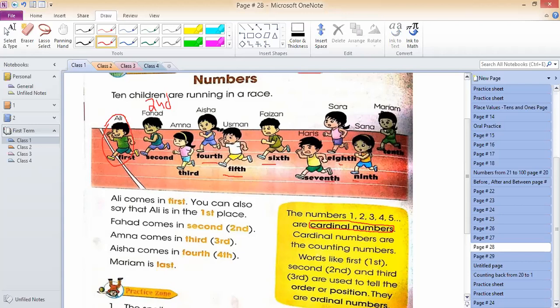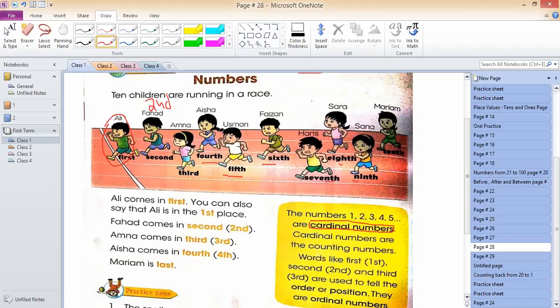So we are actually telling the position of these children, who is first, who is second, who is third. Where you tell the position or order of anything, at that time you will not use cardinal numbers.